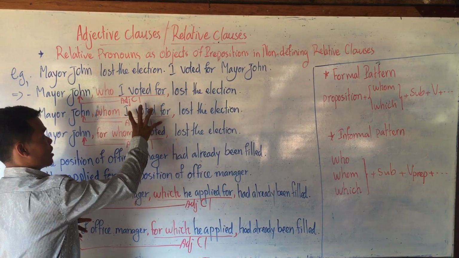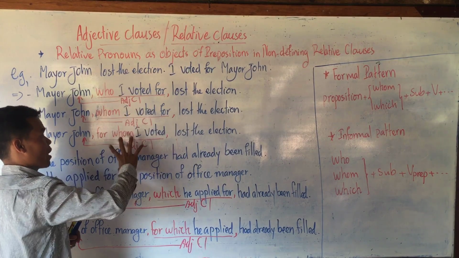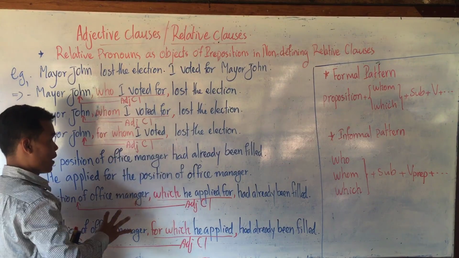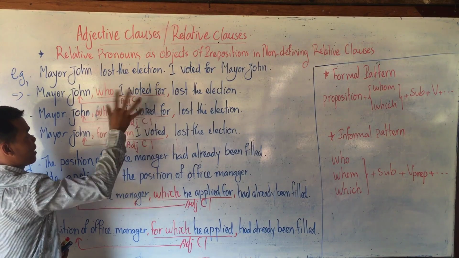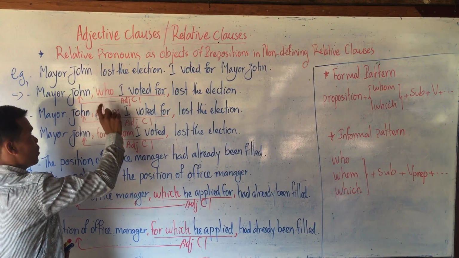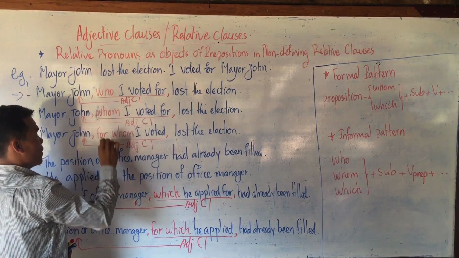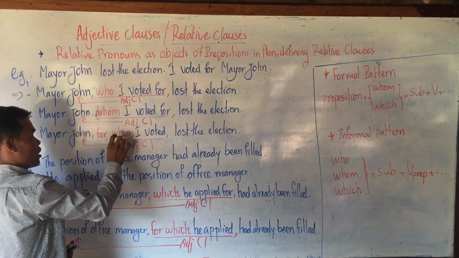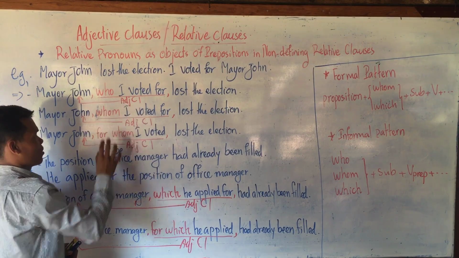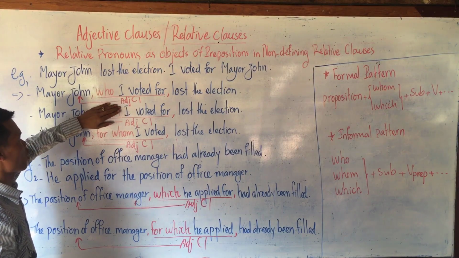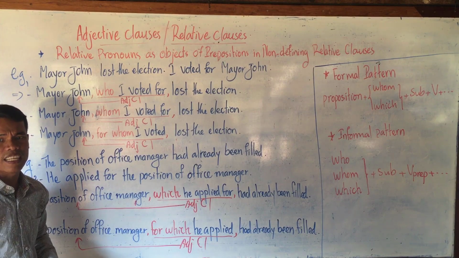Well, if it is a defining relative clause, we can write in many ways. But when it is a non-defining relative clause for people, we can write three sentences. Number one, who; number two, whom; number three, preposition before whom for people. The question is, can we omit whom or who like this in a non-defining relative clause?